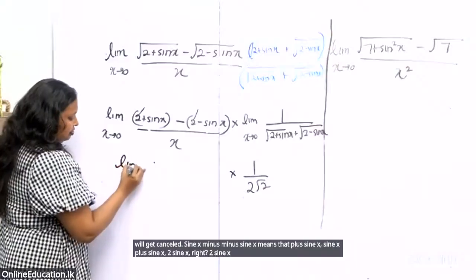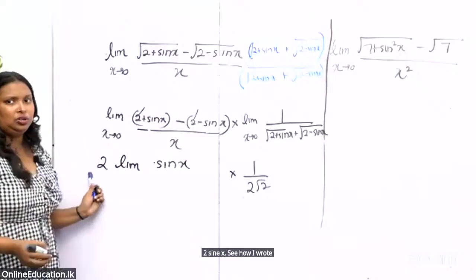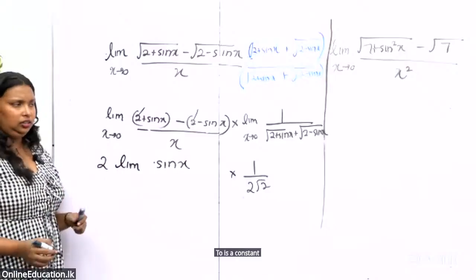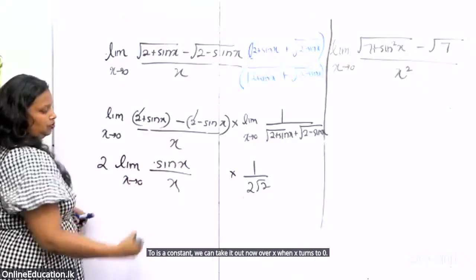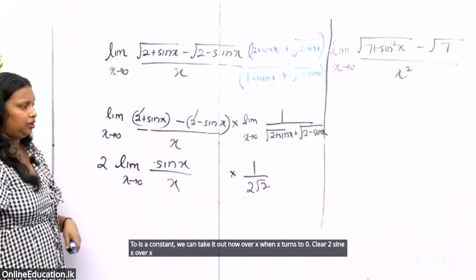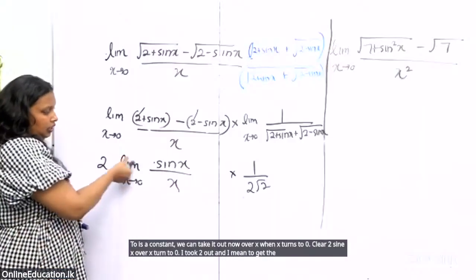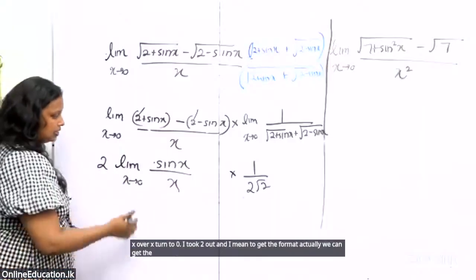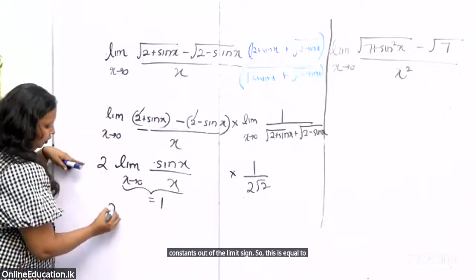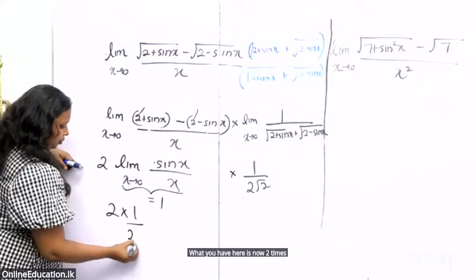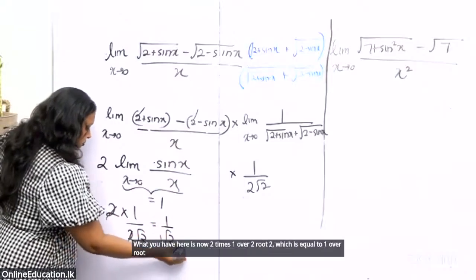So limits of 2 sin x over x when x tends to 0. See how I wrote 2? 2 is a constant. We can take it out now. Clear? I took 2 out to get the format actually. We can get the constants out of the limit sign. So sin x over x is equal to 1. What you have here is now 2 times 1 over 2 root 2, which is equal to 1 over root 2.